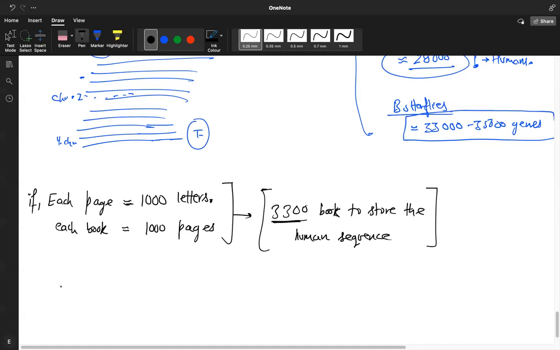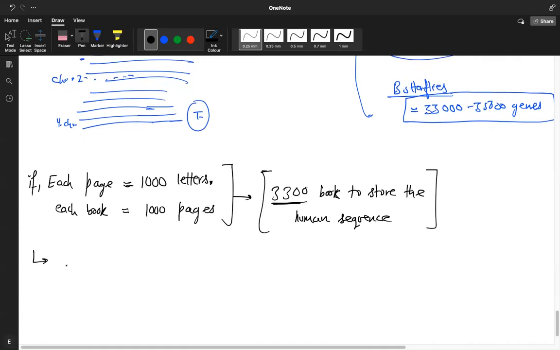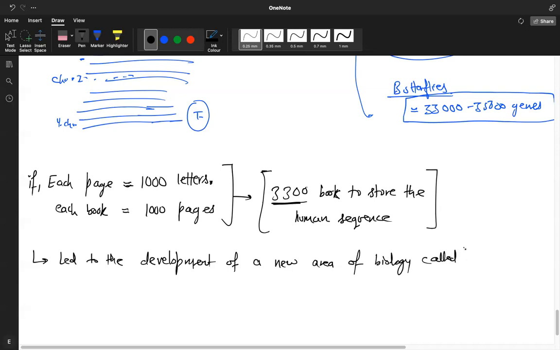It also led to, write down, the development of a new area of biology called bioinformatics.